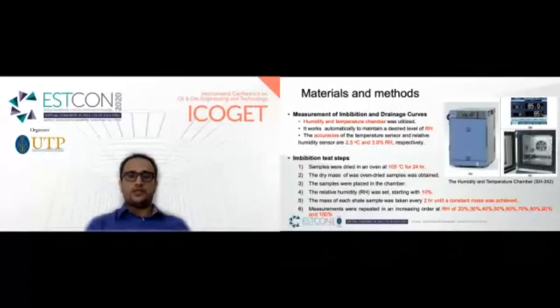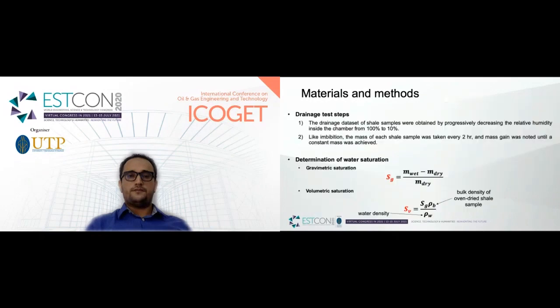We started from 10%, and then we noted the mass difference in our samples every 2 hours until we achieved a constant mass at each relative humidity level. And then we move to the next level, 20%, 30%, until we reach 100%.